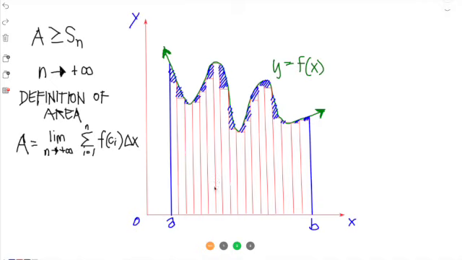So I will just leave it to your imagination if you want to double the number of these rectangles, how much this shaded area here will decrease until it's completely gone and A is almost equal to S sub n, which is the summation of the areas of these rectangles. So that is the definition of our area bounded by this curve.